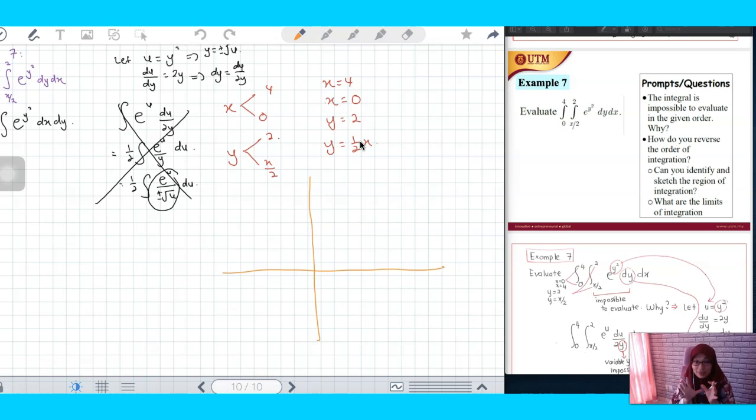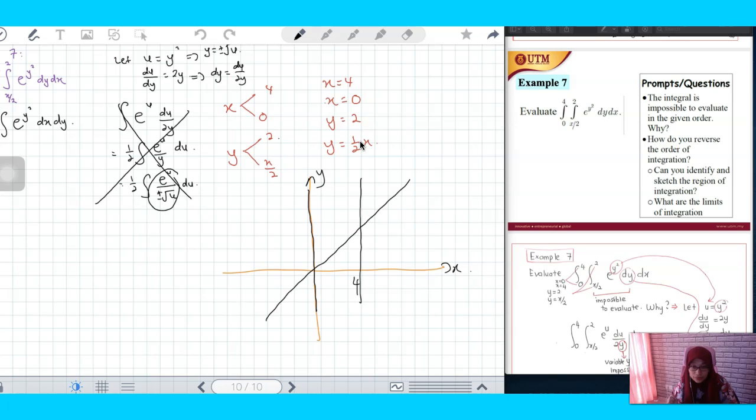You have the linear equation passing through the origin. This is y and this is x. You have the line x equal to 4, x equal to 0, y equal to x over 2, and y equal to 2.